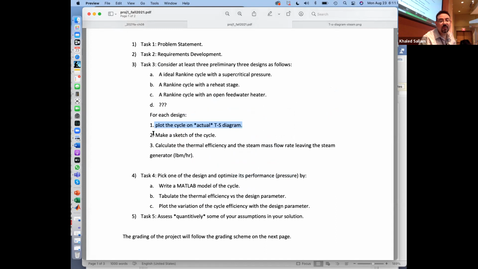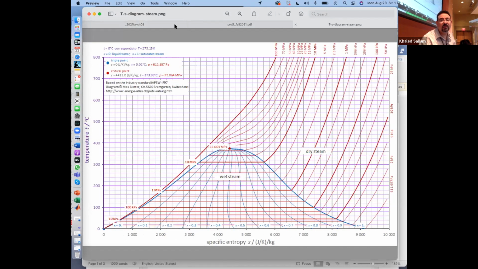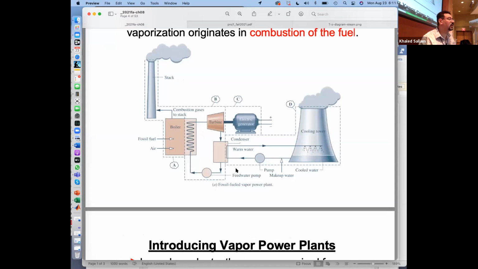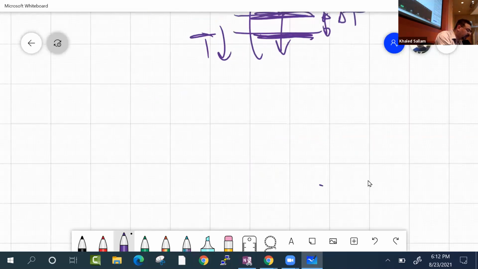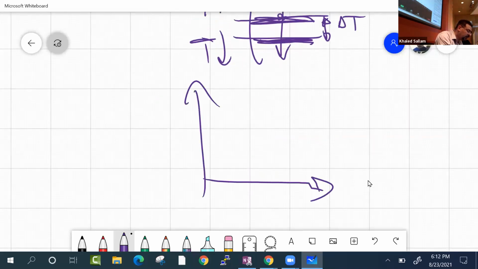So when I say plot the cycle on the TS diagram and then make a sketch of the cycle, the sketch of the cycle would be this, if this was your basic cycle. And actually that is the supercritical one, it will look like this. Right? Turbine, condenser, pump, and the steam generator. So you want to plot this and you want to come to the actual TS diagram, right? And you basically want to mark this like this.